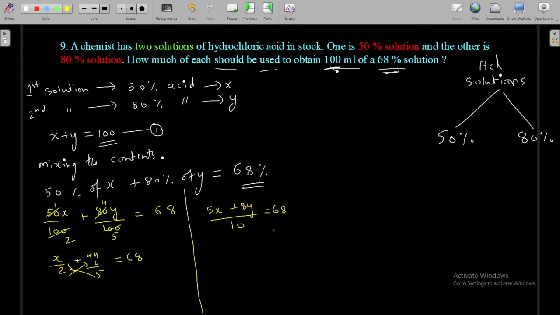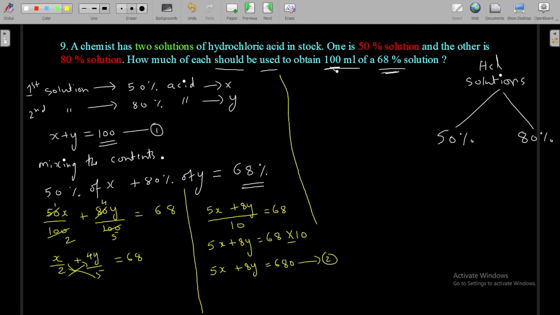Or simply I will be getting 5x plus 8y is equal to 68 into 10. Because it is in division 10, if it goes this side it will become multiplication. So I will get 5x plus 8y is equal to 680. So this is our second equation.